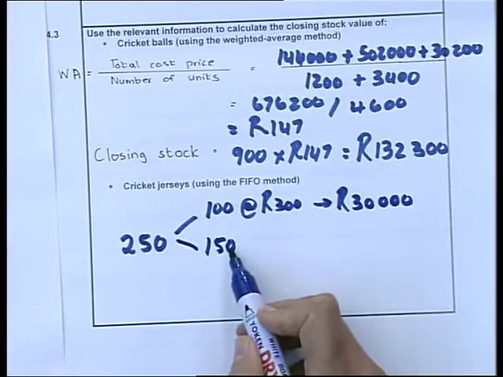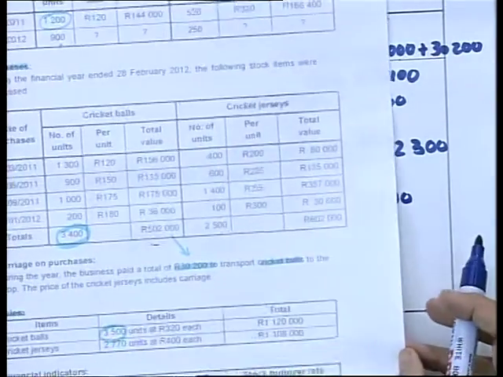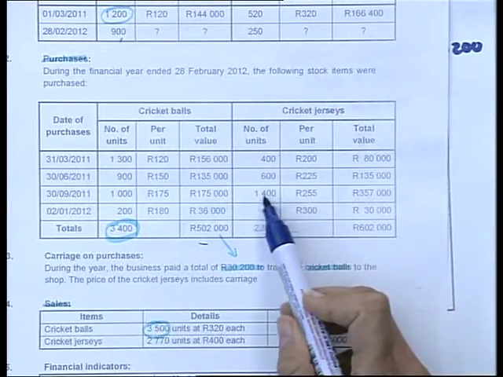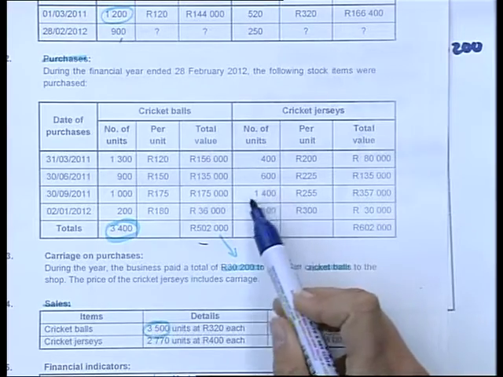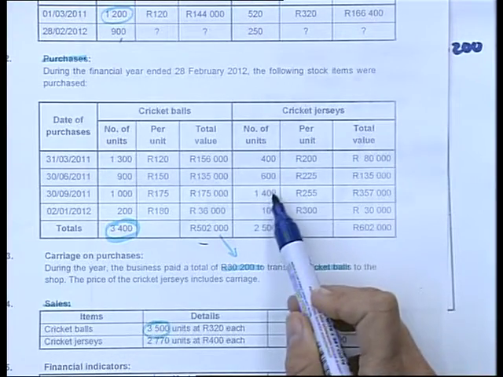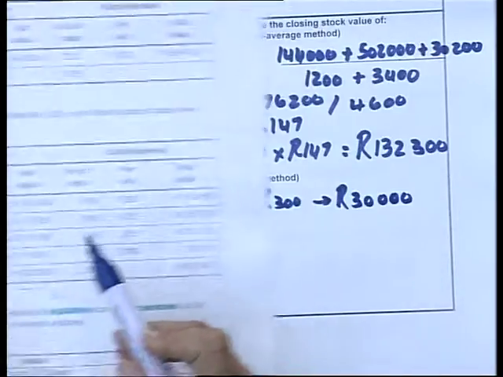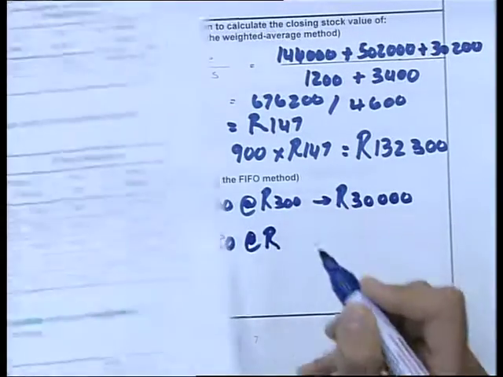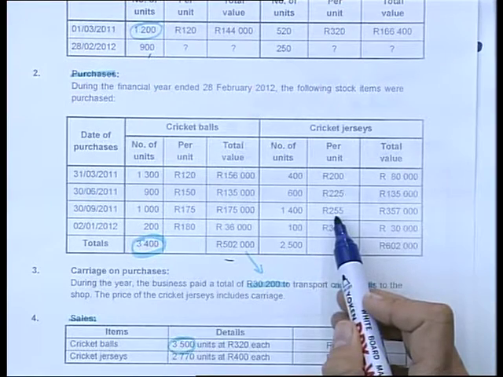So that will be the units that we purchased second last. Okay, so let's look at that. Units that we purchased second last, there was 1,400 units purchased, but of those, that means we've now only got 150 left at a price of, what was that again? 255. Do you see?